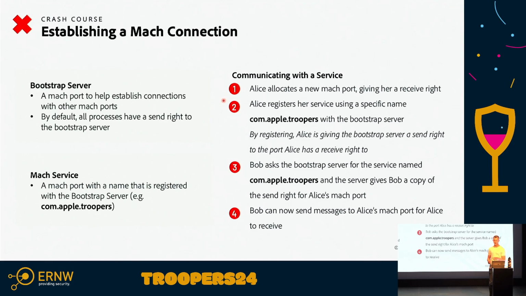By doing this, she is giving the Bootstrap server a send right to the port that Alice has a receive right to. Now Bob is going to come along and ask the Bootstrap server for the service named Apple Troopers, and the server will give Bob a copy of that send right for Alice's Mach port, and Bob can now send messages to Alice's Mach port, which Alice can then receive with her receive right.